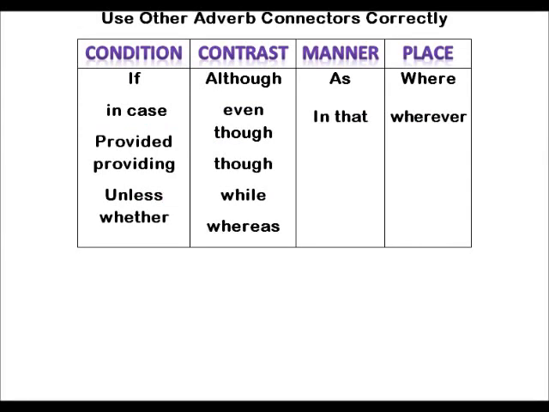Now let's say something, that these connectors can be used at the very beginning of the sentence, and also they can be used in the middle. Now let me give you an example. Look at this one. If she studies hard, she will succeed. Fantastic.